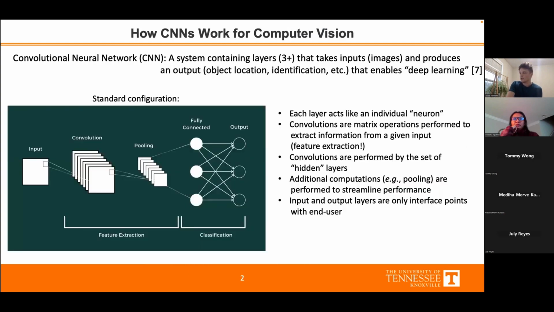So getting to CNNs, computer vision, broadly speaking, uses a convolutional neural network. And this is a system that contains three or more layers, those being your input, your hidden layer, and your extraction or output layer. And this helps identify key points of information that is relevant for the end user from the user's inputted data set.